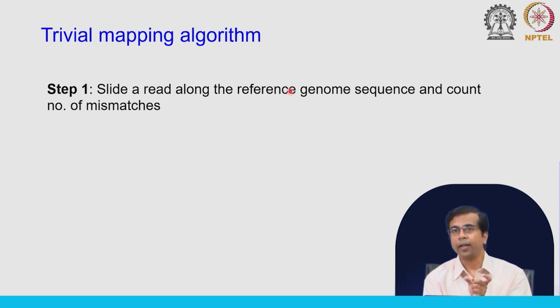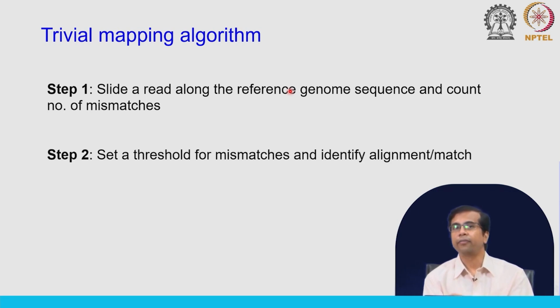So, once we slide, we count the number of mismatches compared to the reference sequence, and if the number of mismatches is below a threshold, we can say okay, this is an alignment, this is where the read maps. Okay. So, this accounts for the sequencing errors or mutations that might be present in the data, and there might not be any perfect match, right.